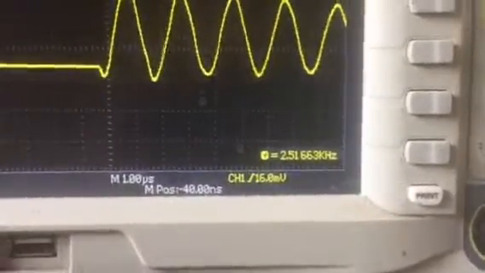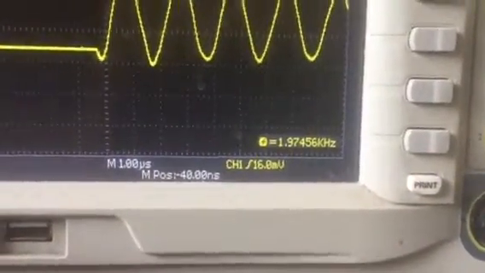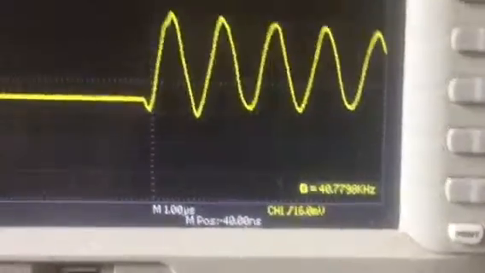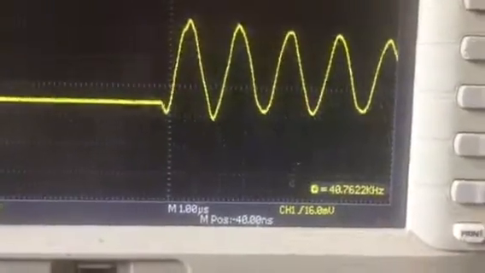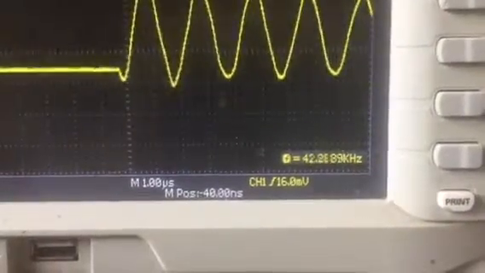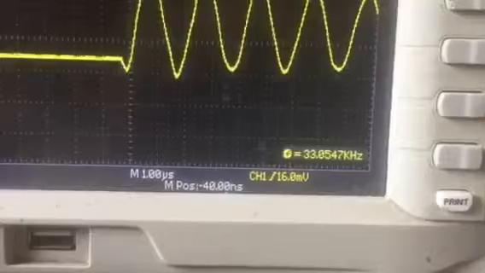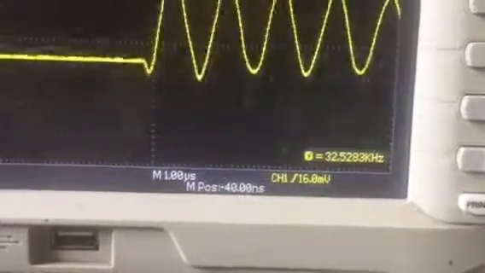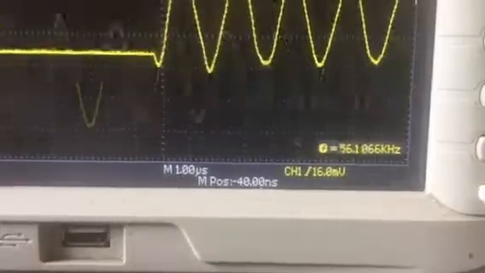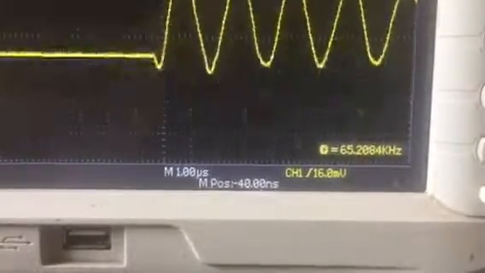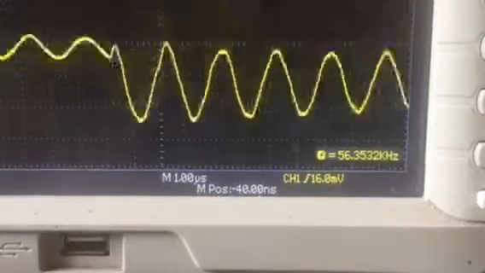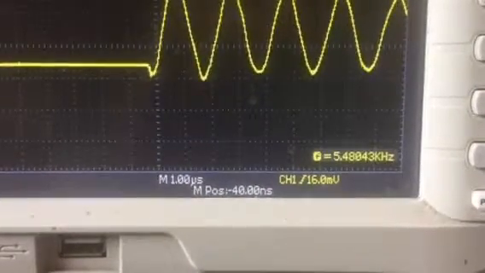It's crazy. 3,000,000 hertz. 42 million. 46, 56, 65 million, 57 million. Turn it down.